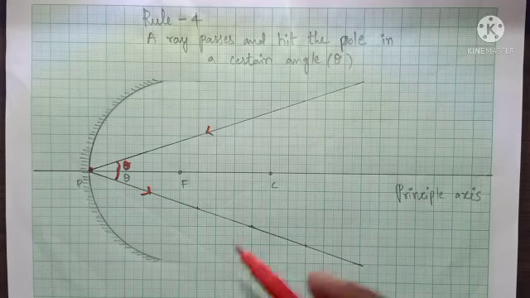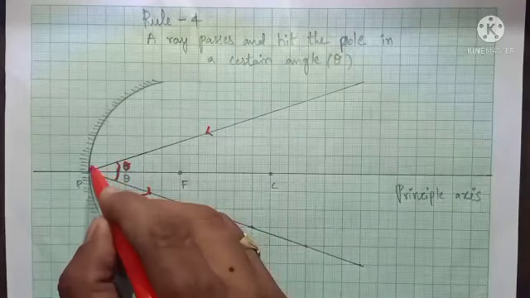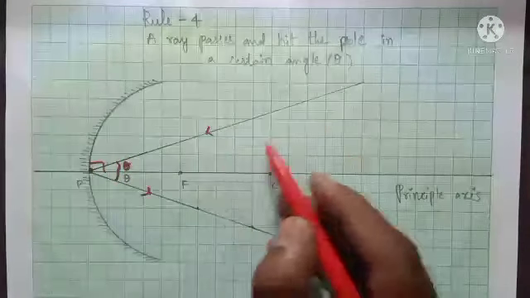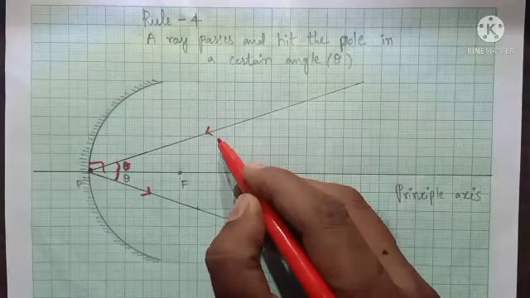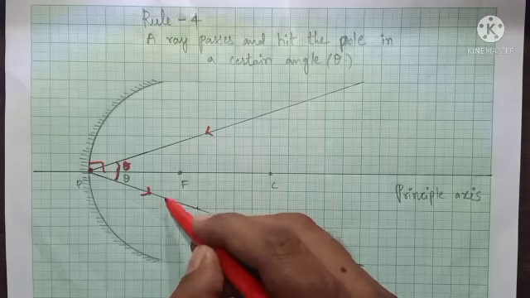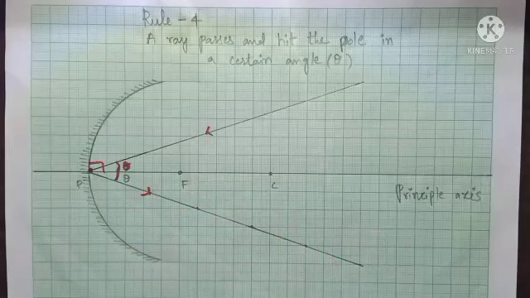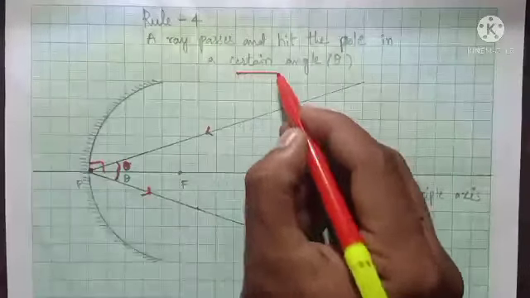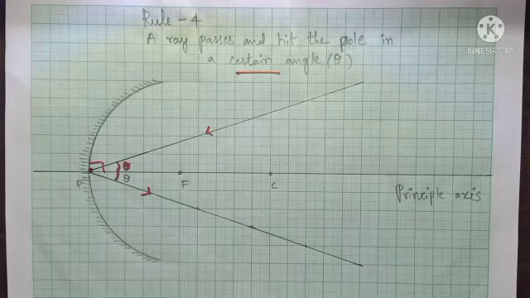It means this principal axis is a normal line, so after reflection, the incidence ray becomes a reflected ray. The angle of incidence is equal to the angle of reflection. These are the 4 rules that we have to use while we are drawing ray diagrams for a concave mirror.